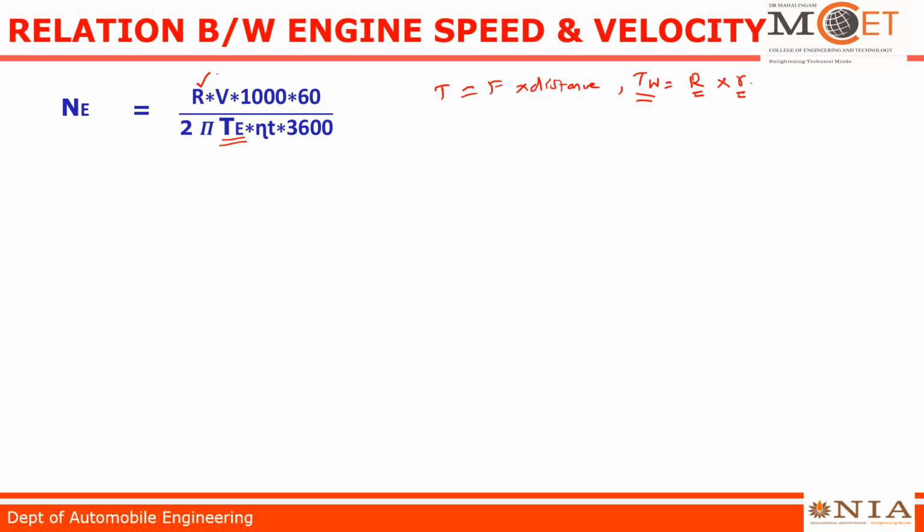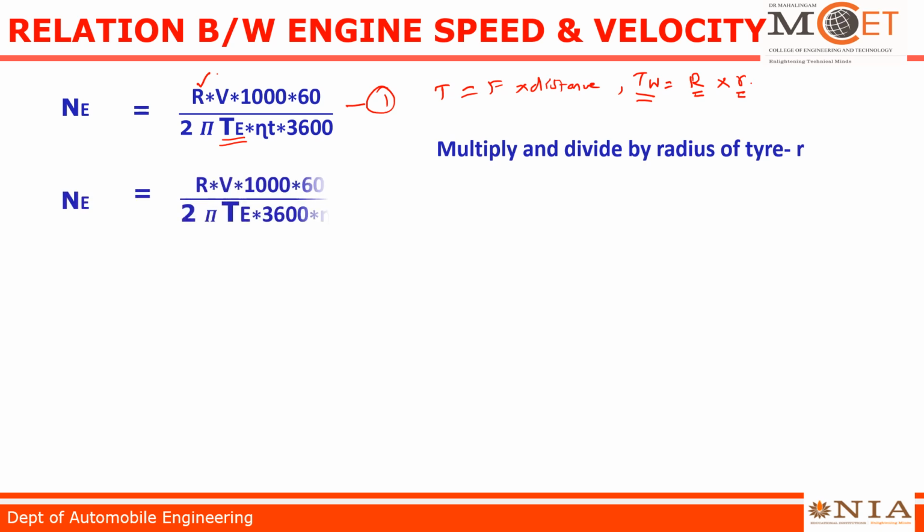I take it as 1. Multiply and divide this equation with the radius of tire r, so that NE equals RV into 1000 into 60 divided by 2π TE 3600 into eta T, multiplied with r by r.